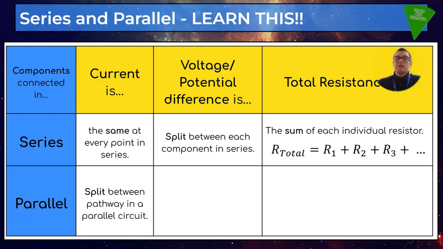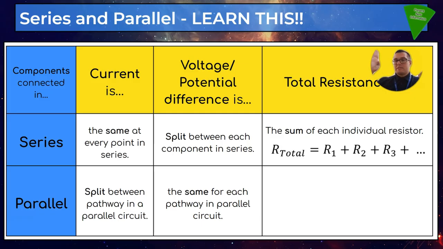Now in parallel, because the current splits down each pathway, that obviously has the effect of reducing the current in certain places. But obviously they all have to join back up again at the end. It's really important you understand that. So it will split down each pathway, but each loop on a parallel circuit will have the same energy. So if it's 12 volts going in, then each path will have 12 volts as well.